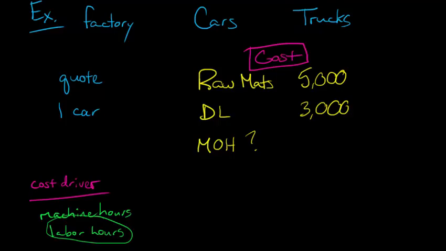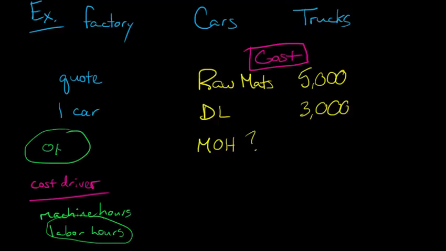Now, the idea is that whatever we're choosing as our driver should have some kind of relationship to the actual overhead. The idea being that more labor hours implies more overhead. Now, certain things, as we just talked about, like utility expense, it's going to be difficult to find that relation. But remember, there are a lot of things in overhead.